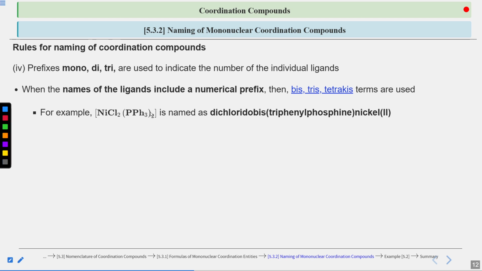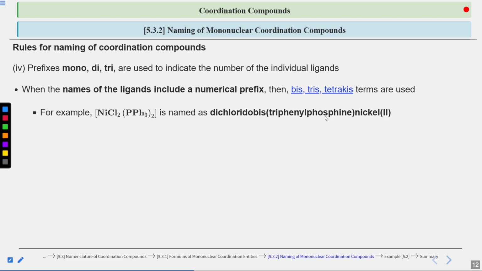So you can name this complex as dichlorido: di for representing the two chlorines, and chlorido ending with O because this ligand is anionic. Then dichlorido, bis(triphenylphosphine). Why do we use bis? Bis is for two, indicating that two molecules of triphenylphosphine are present.